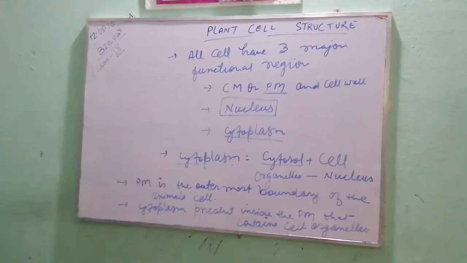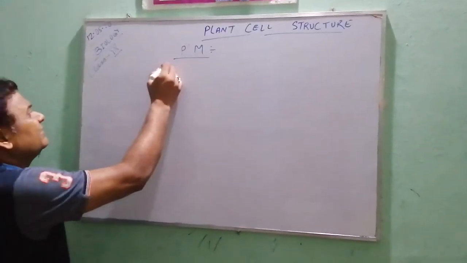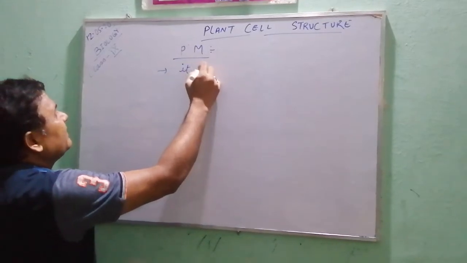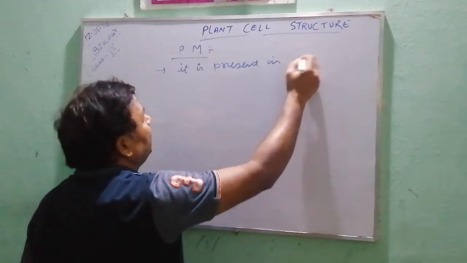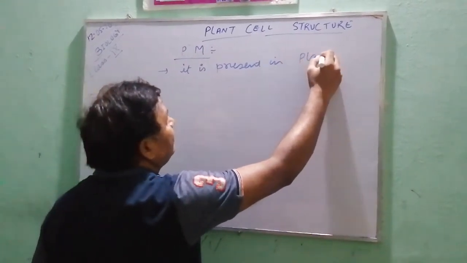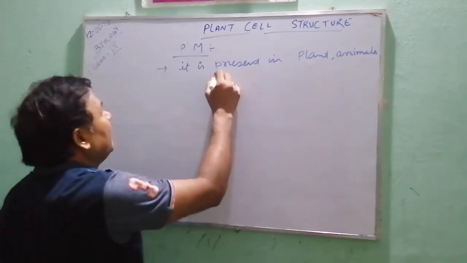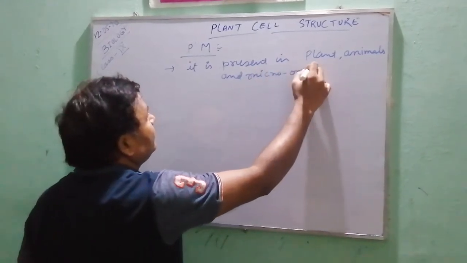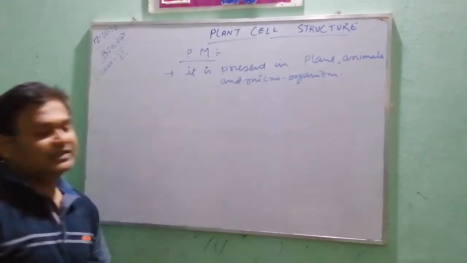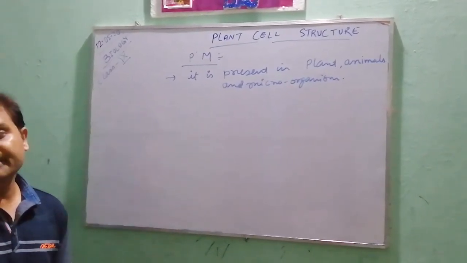Right. Now I am going to discuss the plasma membrane. It is present in plants, animals, and microorganisms.